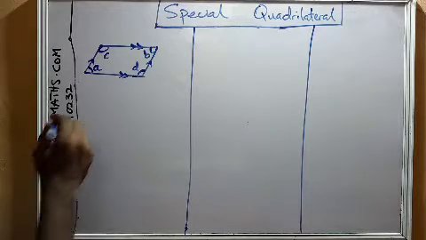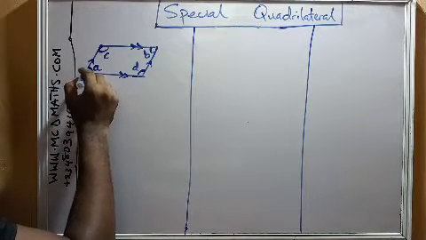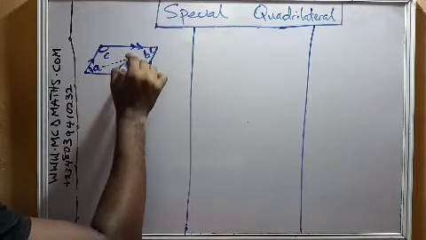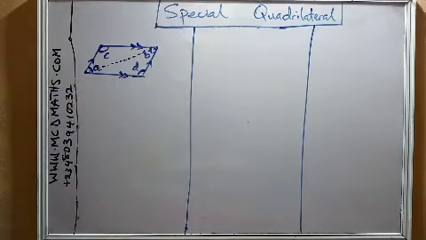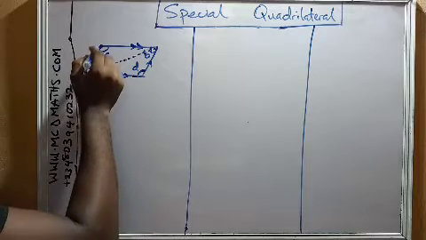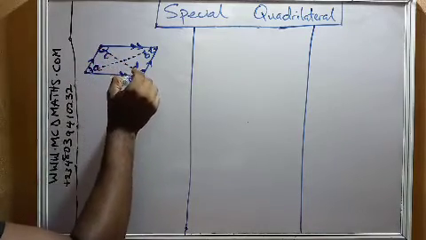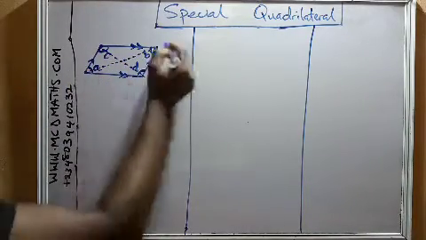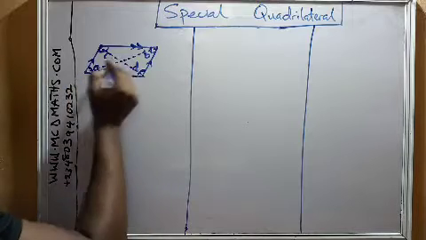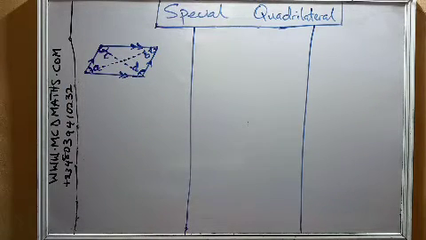The next is, let's talk about the diagonal. If I extend the line like this from one vertex to the other, and like this, now this is a diagonal, this is another diagonal. For a parallelogram, the diagonals divide each other into two equal halves.